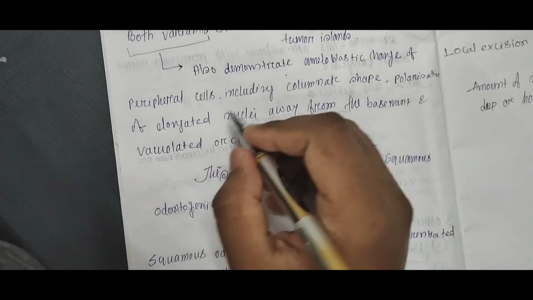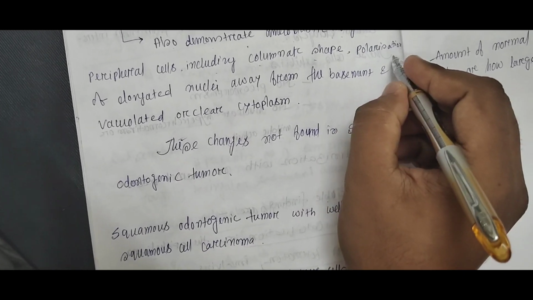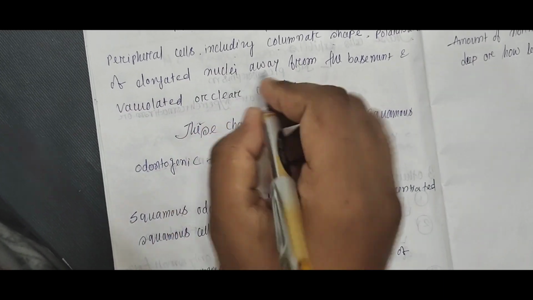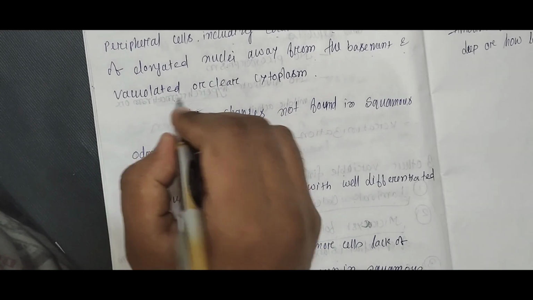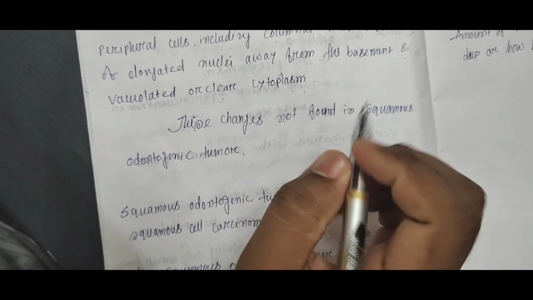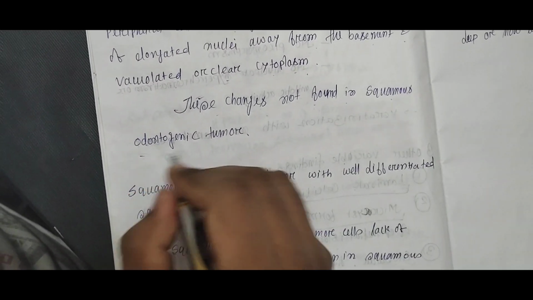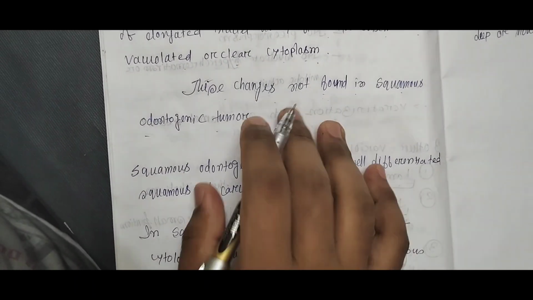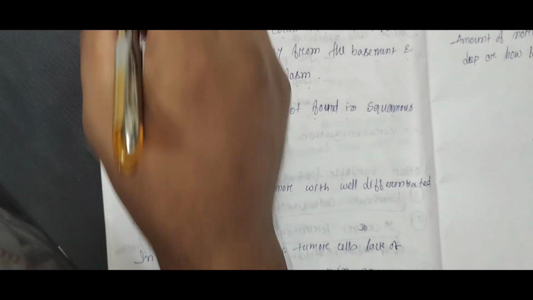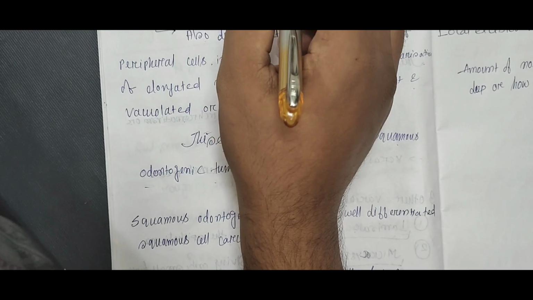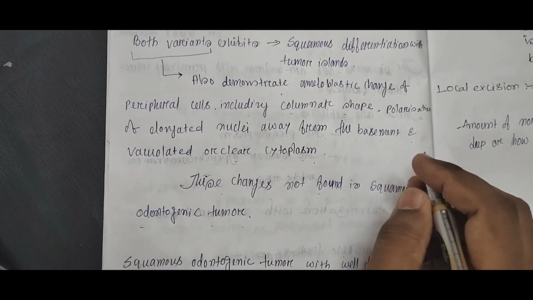The ameloblastic changes include columnar shape of cells, polarization of elongated nuclei away from the basement membrane, and vacuolated or clear cytoplasm. But these changes are not found in the squamous odontogenic tumor. That's how we can differentiate these two variants from the squamous odontogenic tumor.